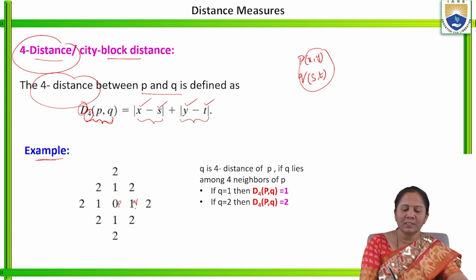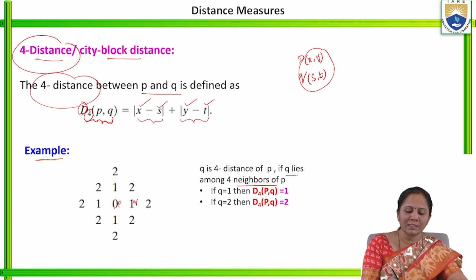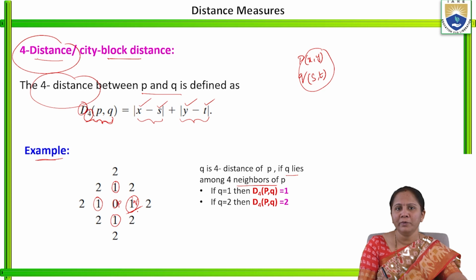When we say that Q is at D4 distance from P, there is one condition: Q is at D4 distance of P if Q lies among the 4 neighbors of P. Considering this pixel as P, the 4 neighbors of P are this one, this one, another one, and this another one. Here we have considered the pixel Q, and this Q is one of the neighbors of P, so we say that Q is at D4 distance of P.